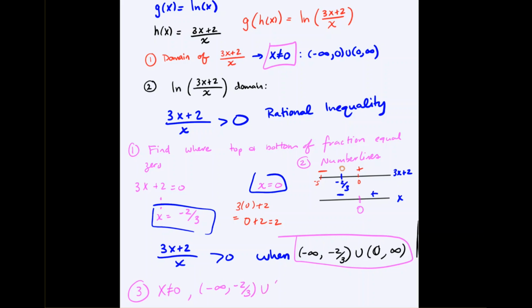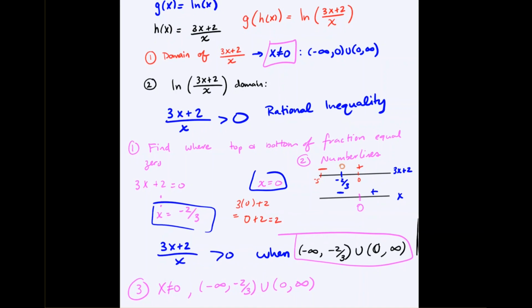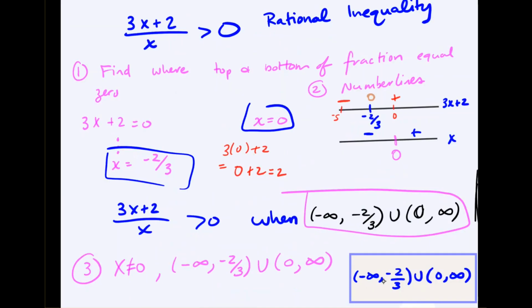And we ask ourselves, do we need to restrict it? Well, the first one says that x can't be 0, but do we see that's naturally implied in the second one as well, because we are not including 0. This is an open bracket, not a closed bracket. So we're already avoiding x equals 0 there. So our overall domain will just be from negative infinity to negative 2/3, union 0 to positive infinity.